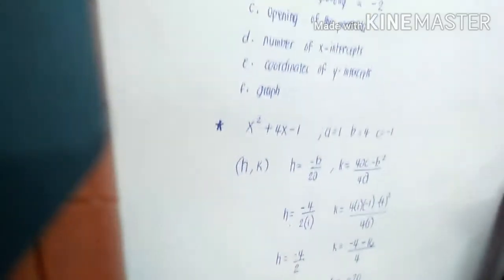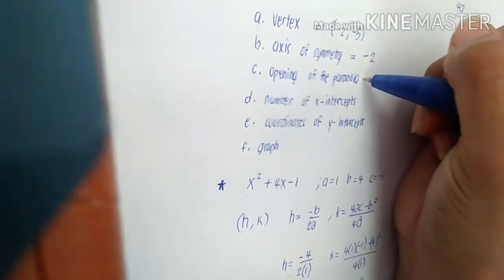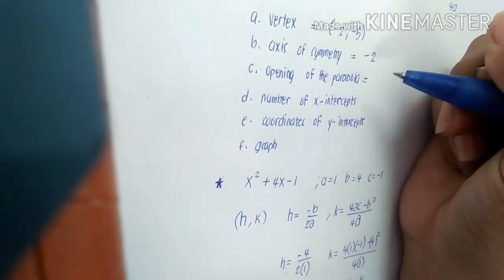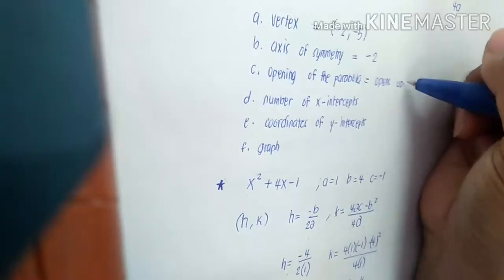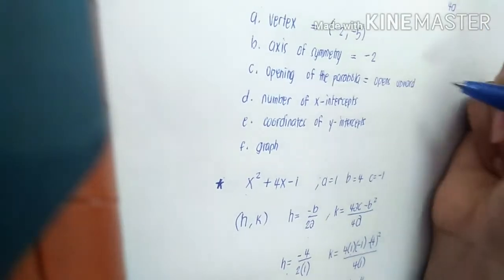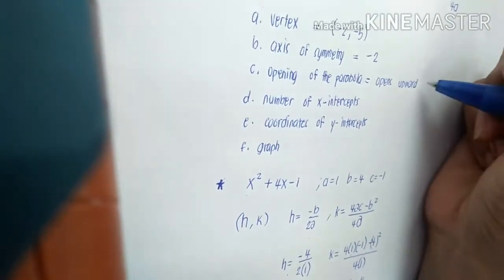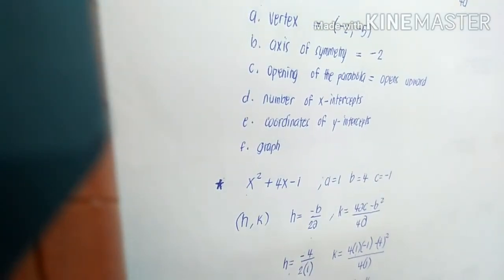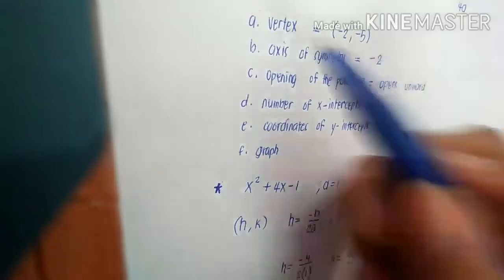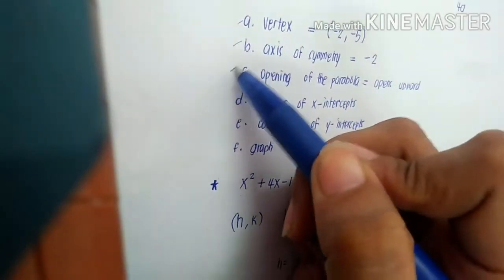So meaning, the parabola opens upward. Got it? Okay, next. We're done with vertex, axis of symmetry, and opening of the parabola.